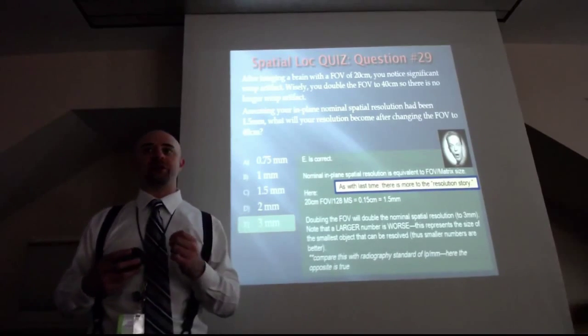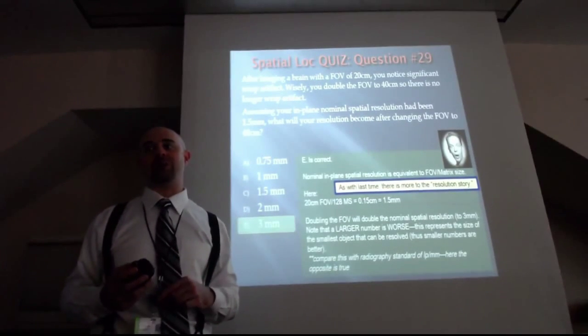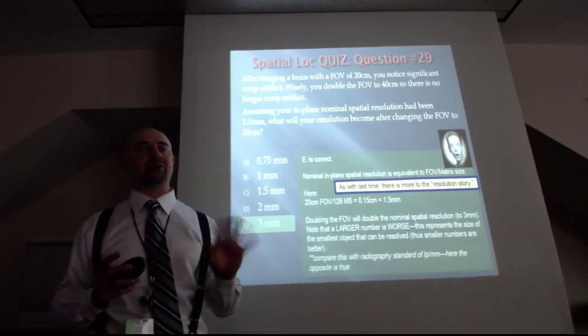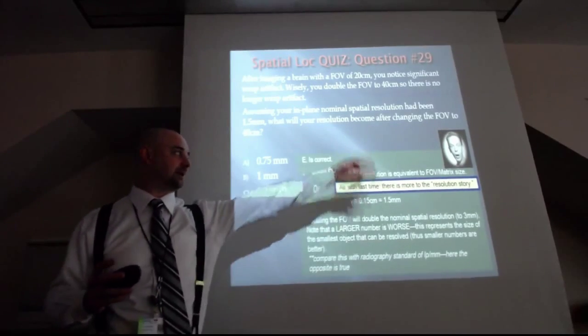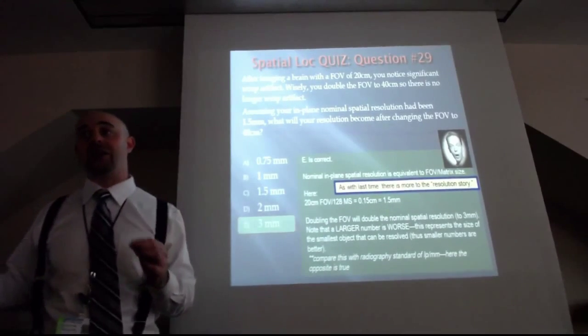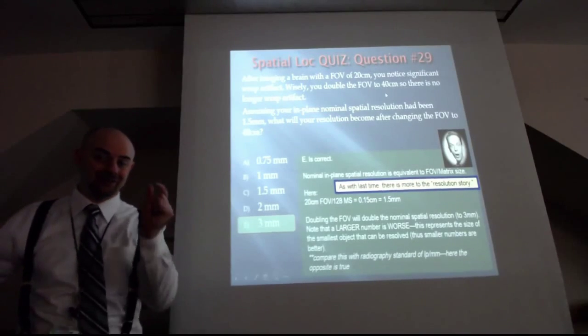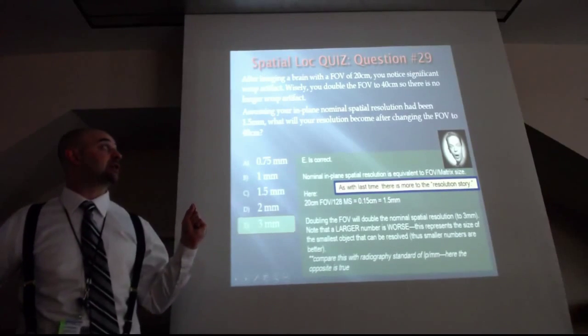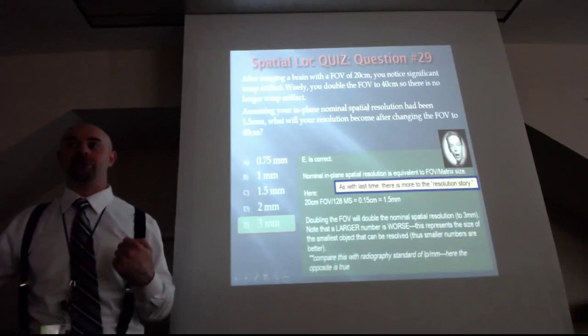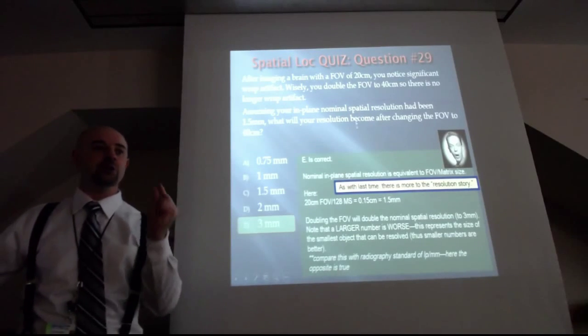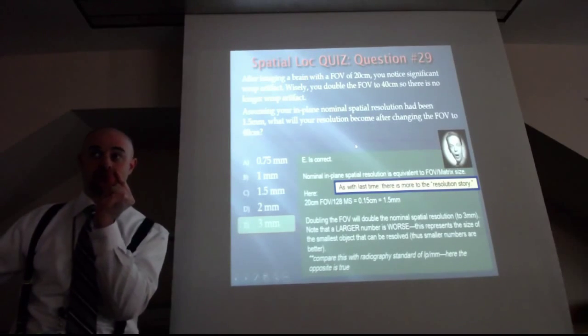When you give a single number for an in-plane spatial resolution, that's basically saying how small of an individual thing you can pick out. So with a field of view of 20 centimeters and technique X, you can pick out a 1.5 millimeter thing.